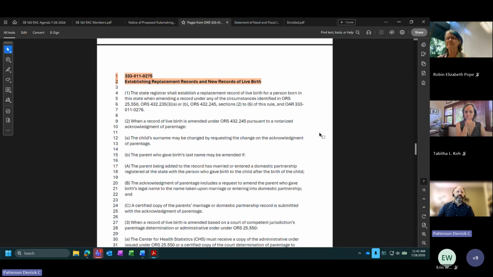B, the acknowledgement of parentage includes a request to amend the parent who gave birth's legal name to the name taken upon marriage or entering into domestic partnership. And C, a certified copy of the parent's marriage or domestic partnership record is submitted with the acknowledgement of parentage. Any feedback on section 2?